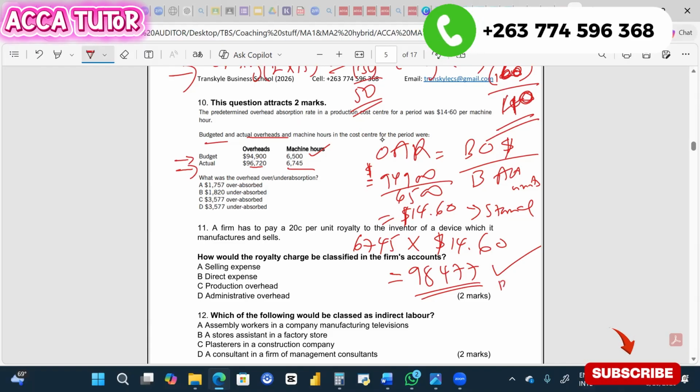This is the standard cost of actual hours.